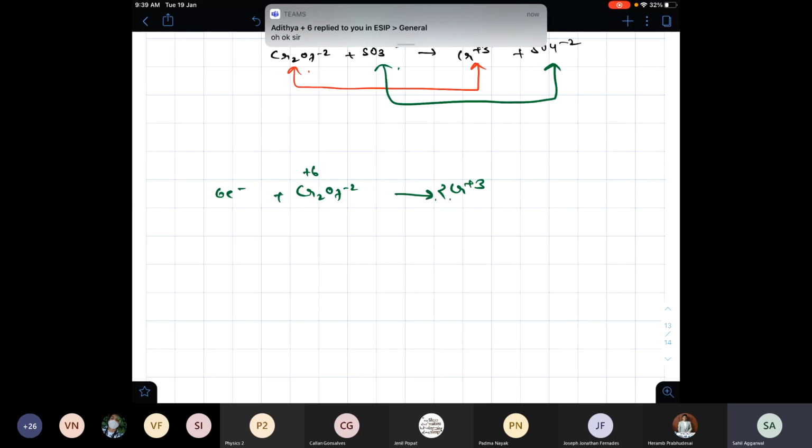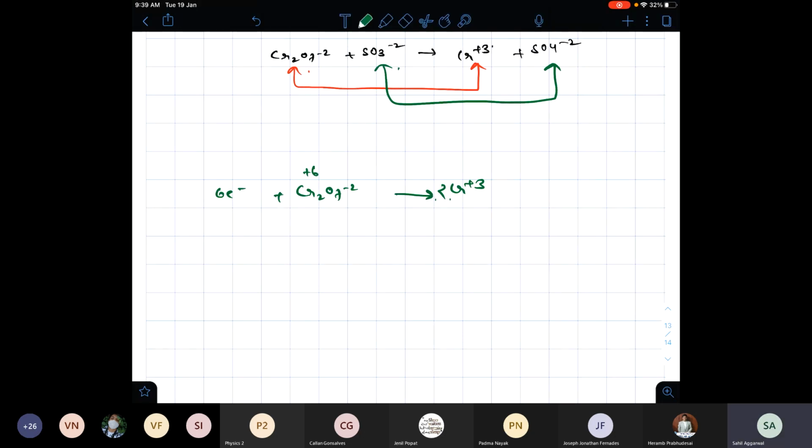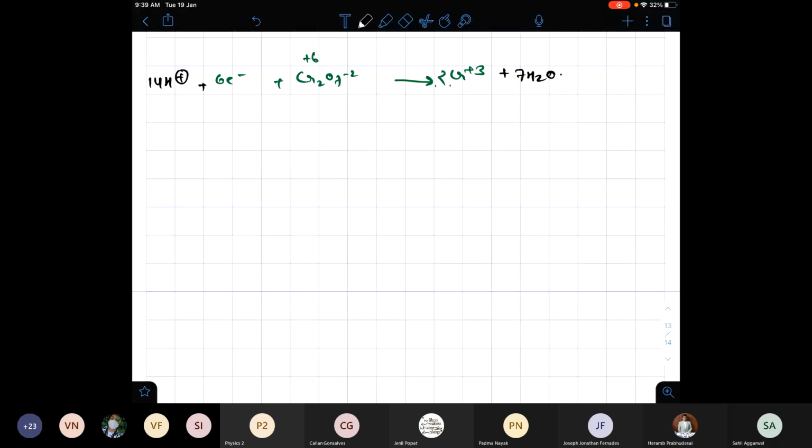So plus 12 minus 6, 6 electrons. H plus. This is balanced.